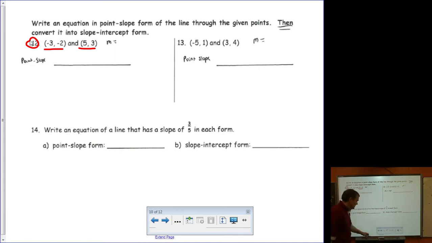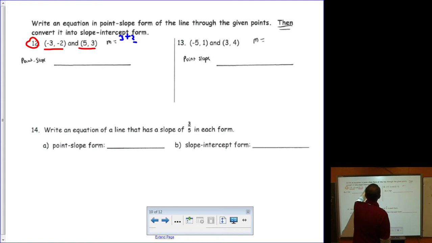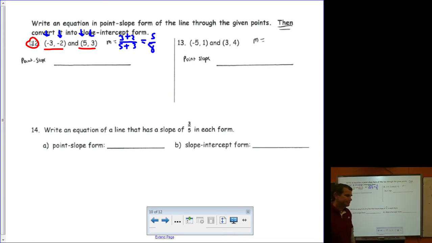All right, the first thing you need to do is you need to figure out the slope. The slope would equal y minus y, that'd be 3 minus negative 2, over x minus x, that'd be 5 minus negative 3, and that gives you a slope of 5/8.